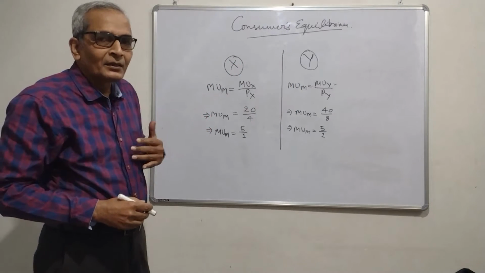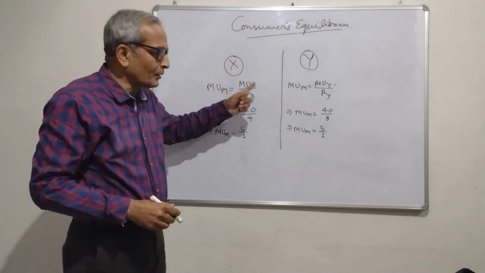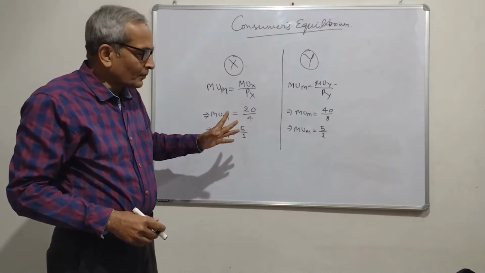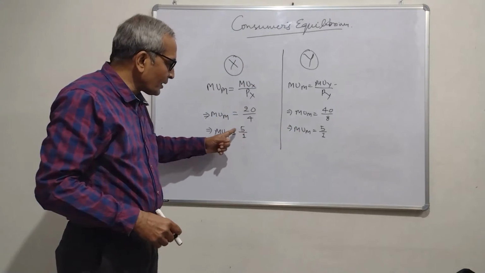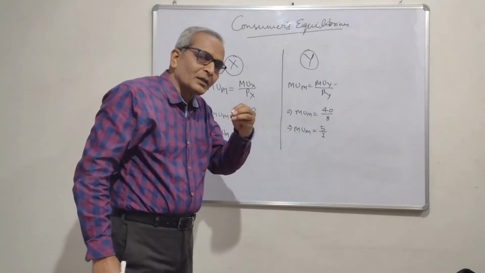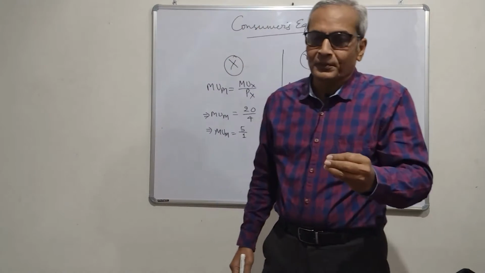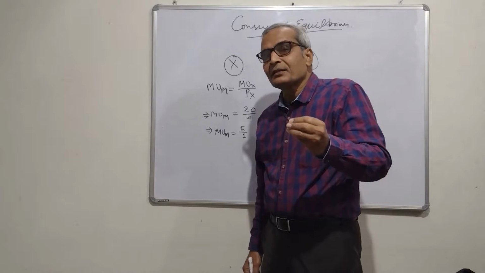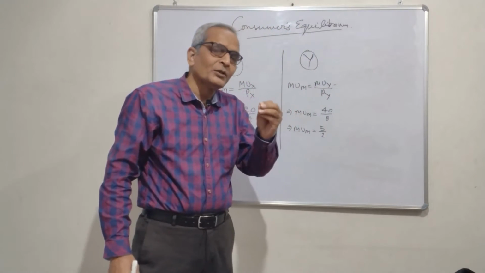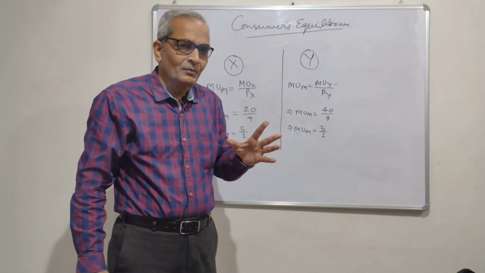So, as a consumer, I am spending rupee 1 on X and rupee 1 on Y as well, and in both the cases, the marginal utility is 5. So, when the consumer spends rupee 1 on two commodities and is deriving equal marginal utility, that point of consumption is the consumer's equilibrium.